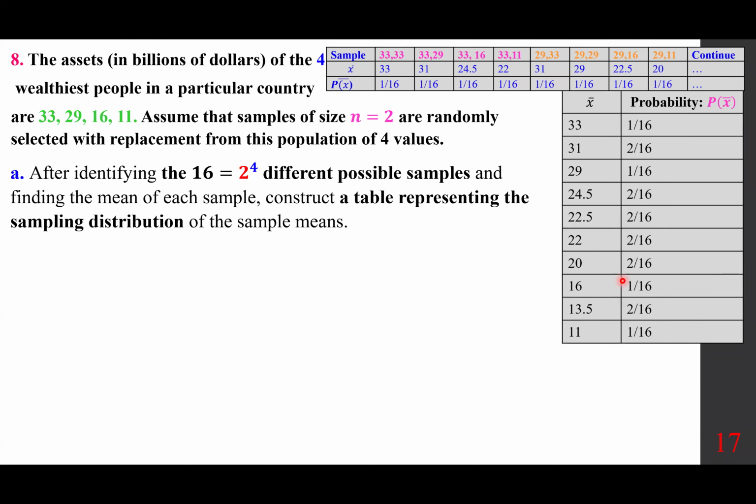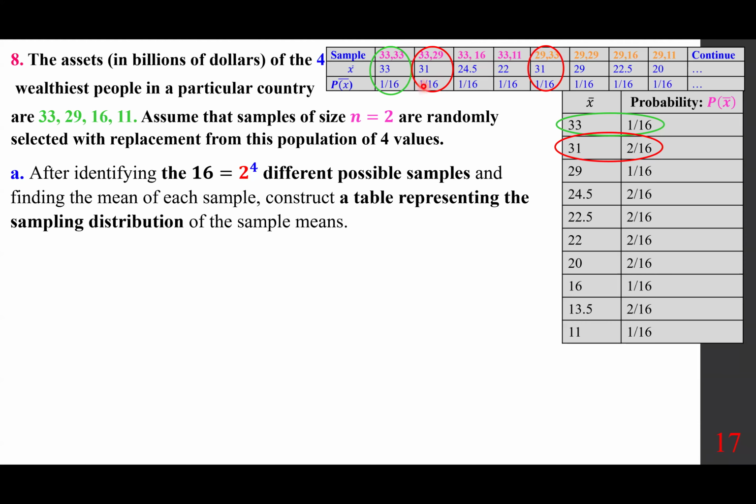Now I'm going to write the X bar and P of X bar. Notice, for 33, there is only one outcome, so 1 out of 16. But if you're looking at 31 as the average, why is 31 2 out of 16? Because 31 is the average for 33 and 29, as well as 29 and 33.